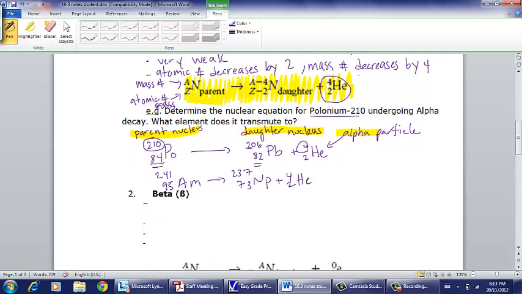Next type of radioactive decay is beta. This is when the nucleus breaks down and releases a beta particle, which is like an electron. It has a negative charge. As a result of beta decay, one neutron transforms into a proton.